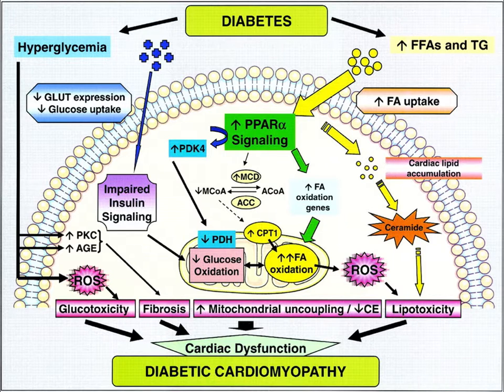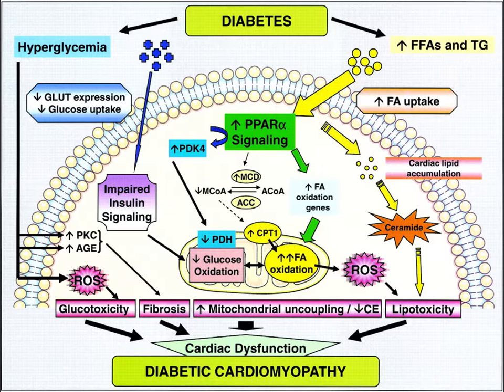My next slide here is just showing an image of pretty much what I talked about. So we can see that I mentioned the PPAR. PPAR is there, the peroxisome proliferator-activated receptor alpha, and that's what we saw is associated with the fatty acids, and you can see that with diabetes you have an increase of free fatty acids and triglycerides.